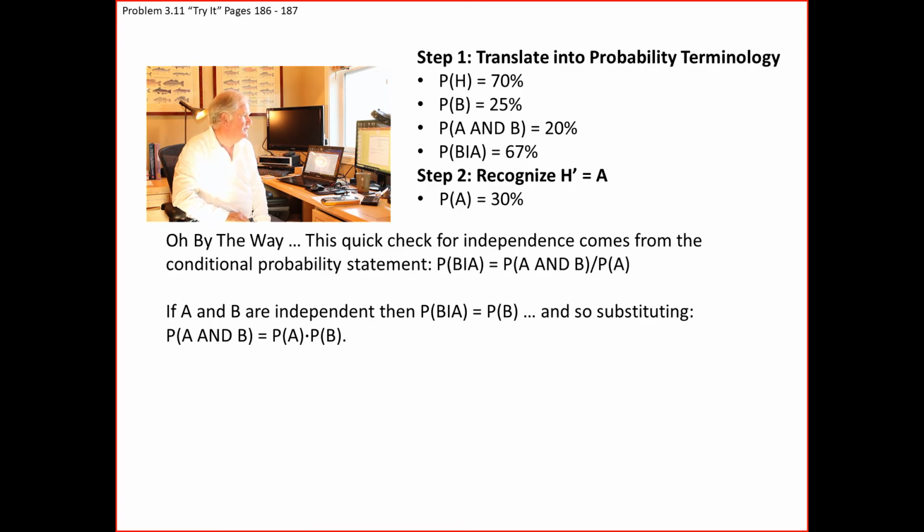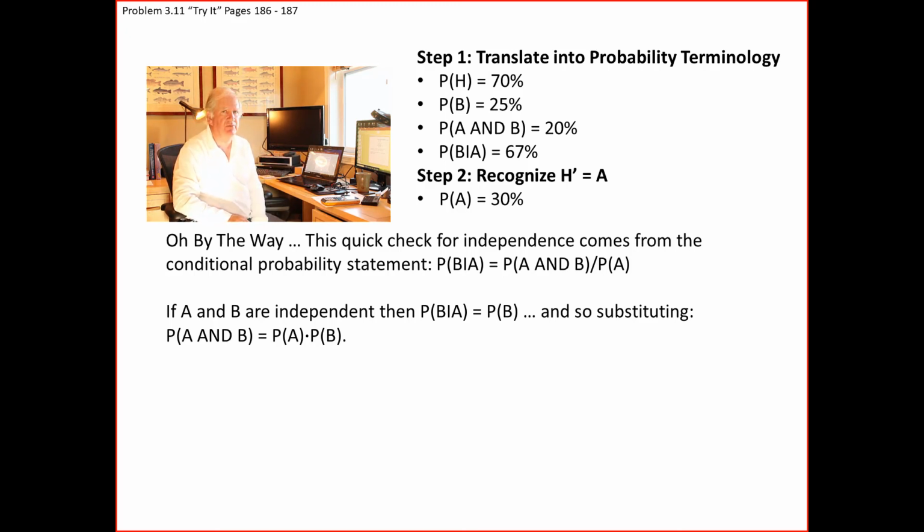Now, if you divide top and bottom of that fraction by the total number of people, you don't get the number of left-handed females, but the probability of being a left-handed female. And at the bottom, you don't get the number of females, you get the probability of being female.